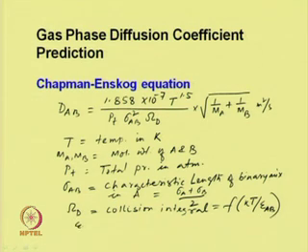This epsilon AB can be calculated from root over epsilon A into epsilon B.